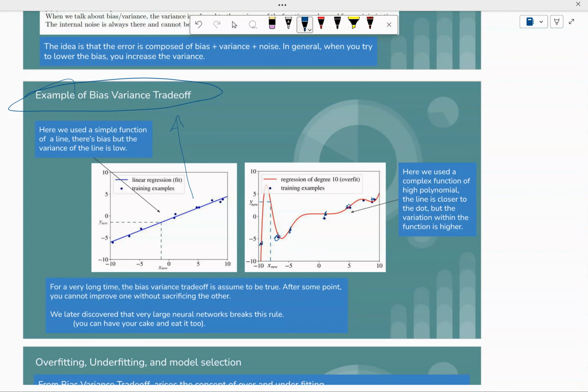There's a point where it becomes a trade-off. For a long time we thought this is a rule, and later on we discovered that this rule could be broken with very large neural networks that are trained for a very long time, which is very interesting. So the bias variance trade-off is still an interesting concept today, but we don't really talk about it as much anymore.